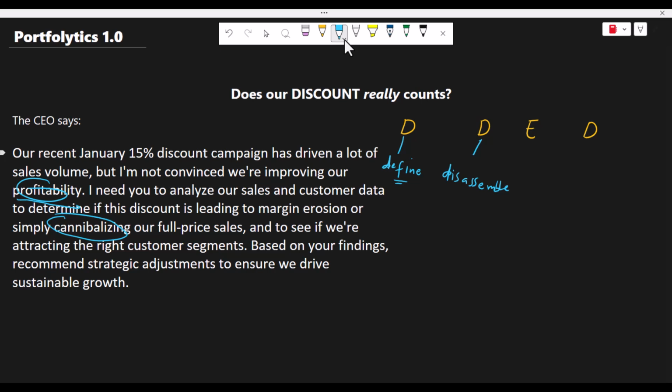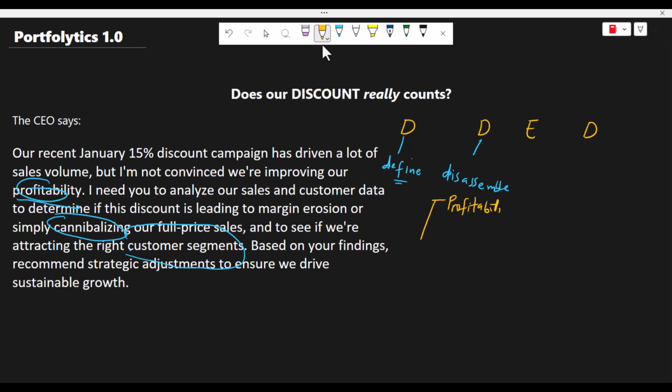Likewise, the CEO also wished to know their customer segments, whether this 15% discount is attracting new customers or old customers. So for us to disassemble this, we can disassemble this into three major pieces by saying we need to know the profitability of the 15% discount.